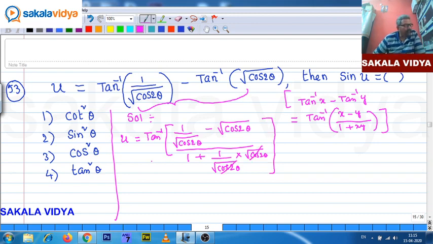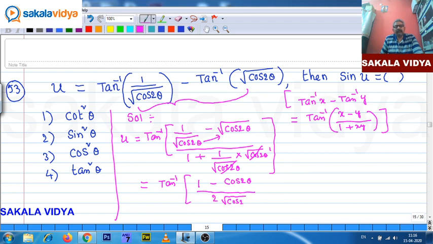Now this equals tan inverse of 1 minus cos 2 theta, root cos 2 theta whole square gives cos 2 theta, by 1 plus 1 is 2, so 2 root cos 2 theta.